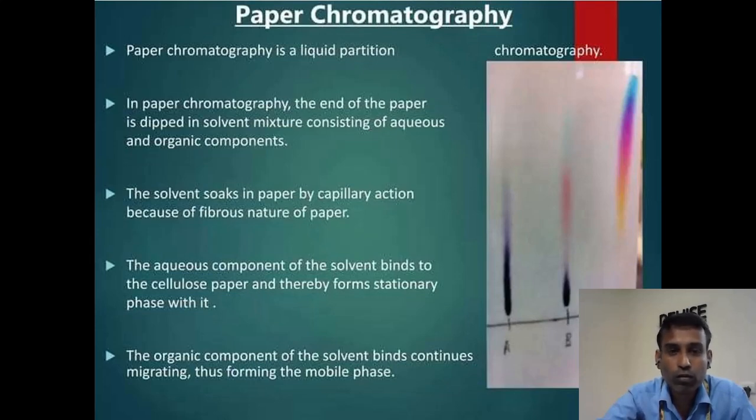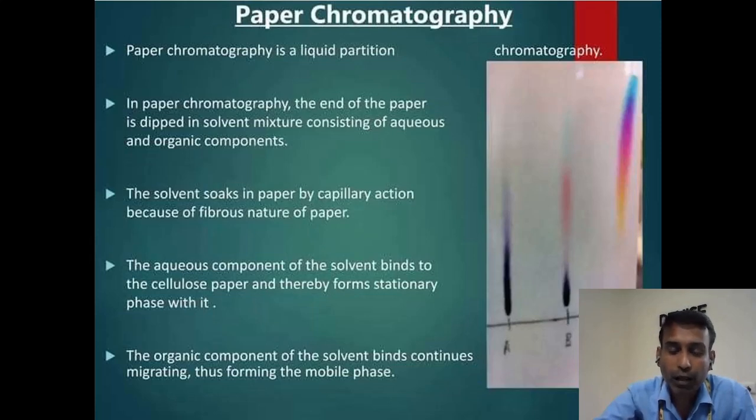The solvent soaks into the paper by capillary action because of the fibrous nature of the paper, and the solvent flows from the bottom of the paper to the top, so it is called ascending paper chromatography. The aqueous component of the solvent binds to the cellulose paper and thereby forms a stationary phase with it. The organic component continues to migrate, thus forming the mobile phase.